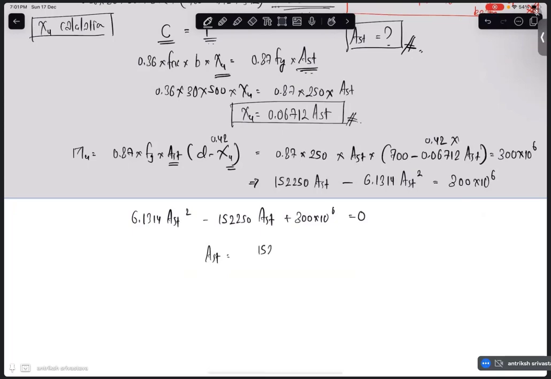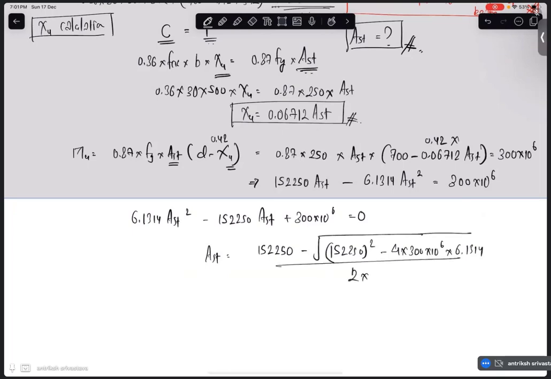So AST basically will be 152250 minus the square root of 152250 square minus 4 into 300 into 10 power 6 into 6.1314, divided by 2 into 6.1314. Why am I only doing minus? Because you can see the value is already so high here, and if I add this value, this AST is going to become very high, which is not feasible. So we take the lower value, and you will see that it makes sense.